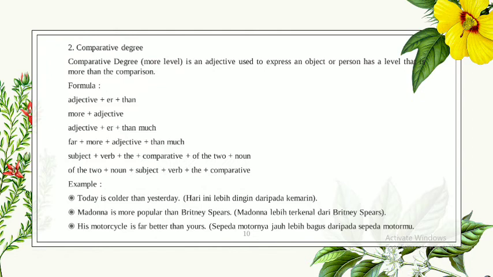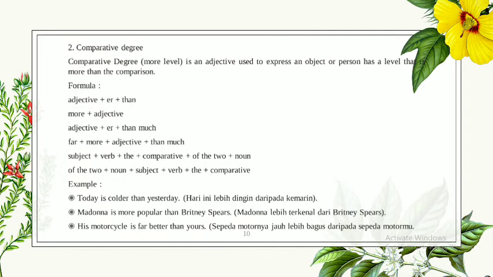The second is comparative degree. Comparative degree, or more level, is an adjective used to express that an object or person has a level that is more than the comparison. The comparative degree is also used to express two things or people who have nothing in common by comparison. It can also be used in increasing circumstances.